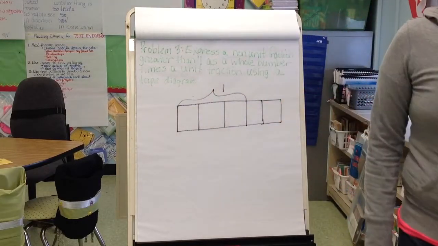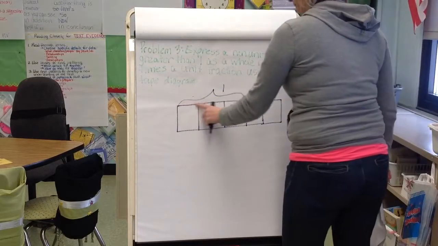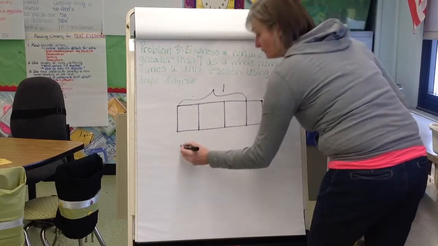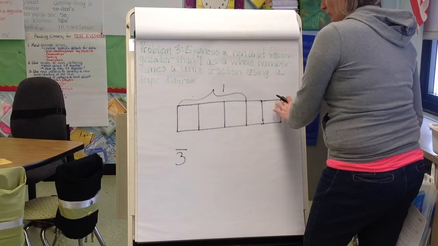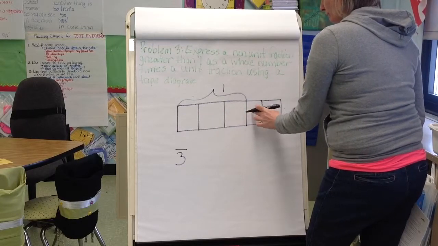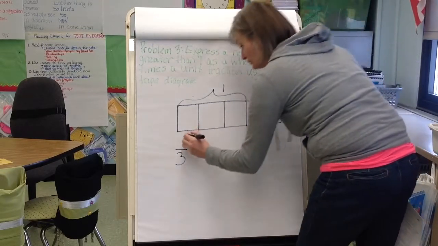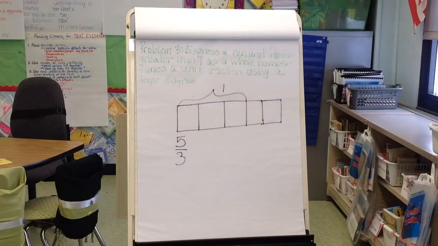Taking a look at that, how many pieces make up the whole? Look at the bracket. 1, 2, 3. So our unit fraction is thirds. We have more than one whole. This is 1/3, 2/3, 3/3, 4/3, 5/3. So we have 5/3.